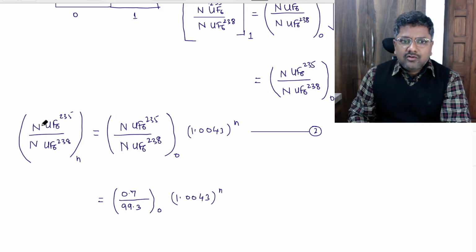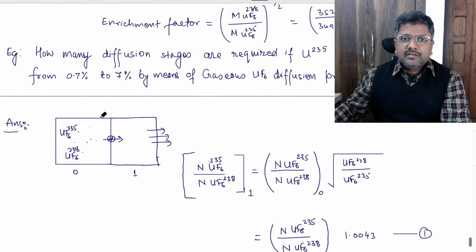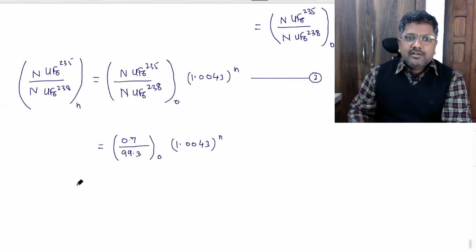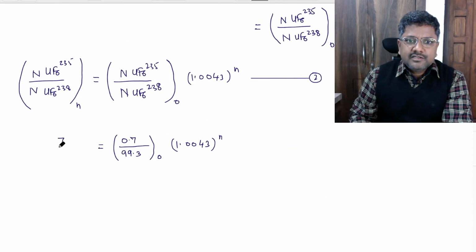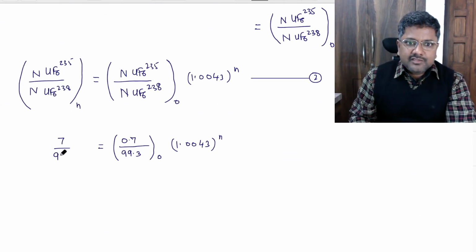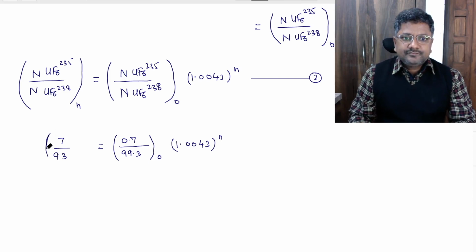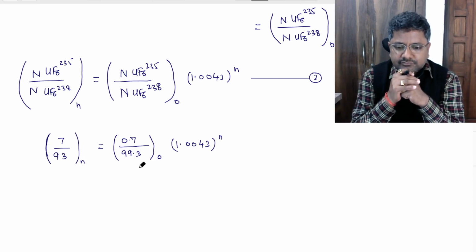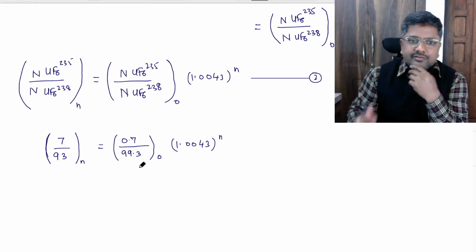And now what we want here, 0.7 to 7%, means we want here 7% divided by 93% after n stages, right? So after n stages we want this.